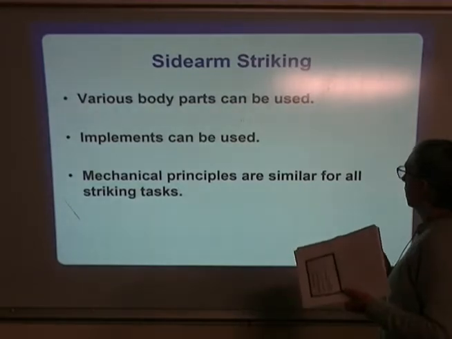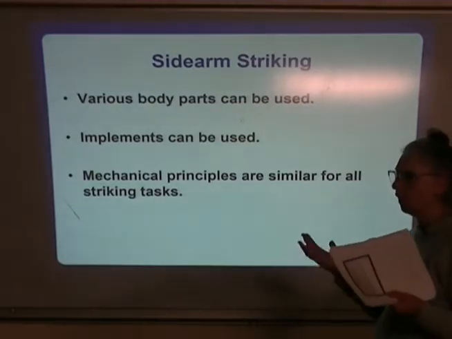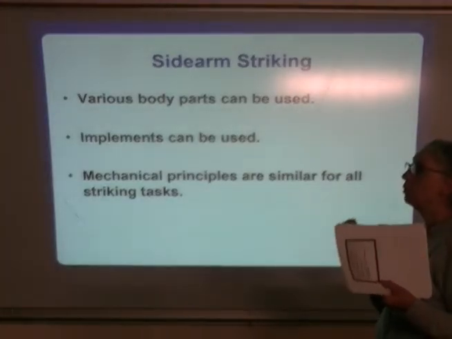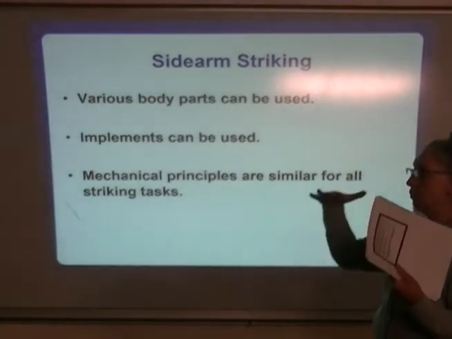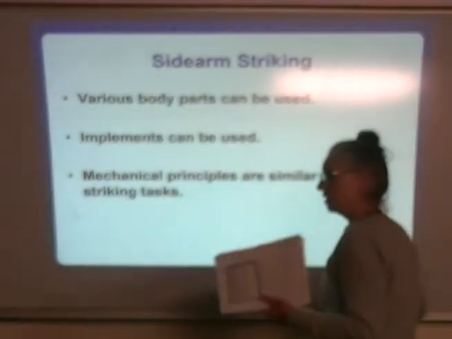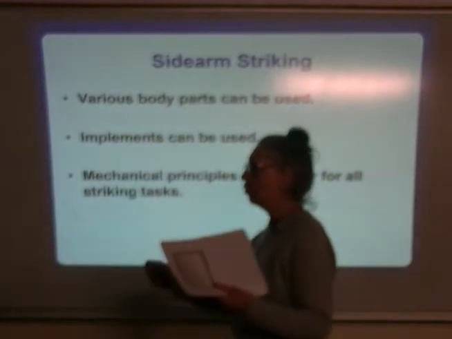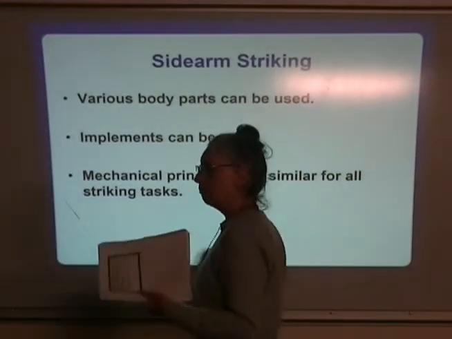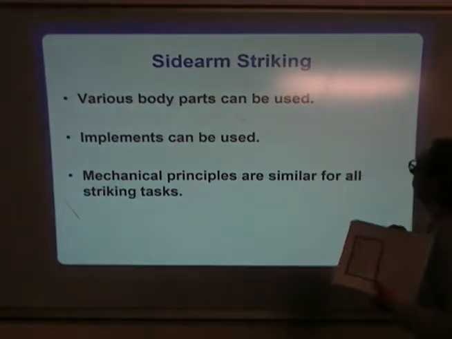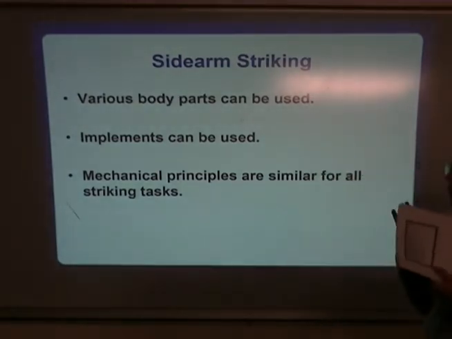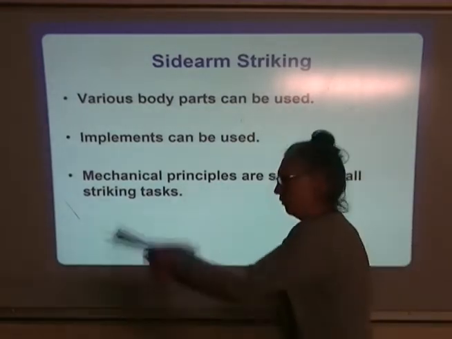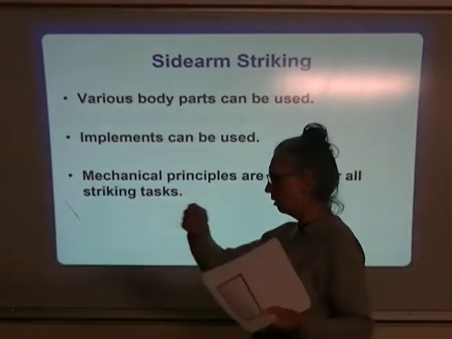So sidearm striking, we're looking at a skill that would be the foundation for maybe a tennis forehand or backhand, or a baseball, softball strike, some cricket strikes, although a lot of cricket shots are underswing rather than a side swing.